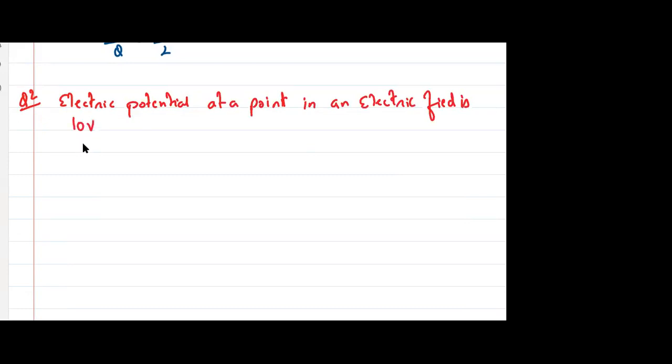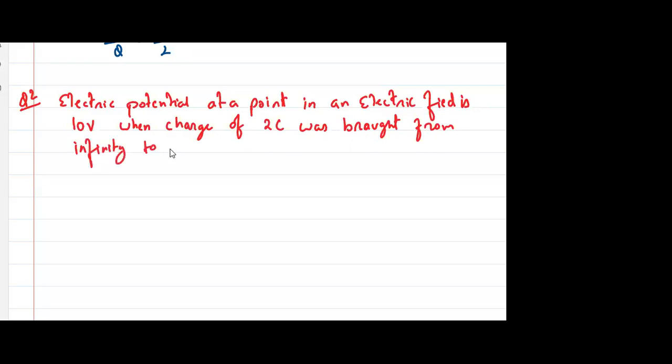When a charge of 2 coulomb was brought from infinity to that point, find the work done.